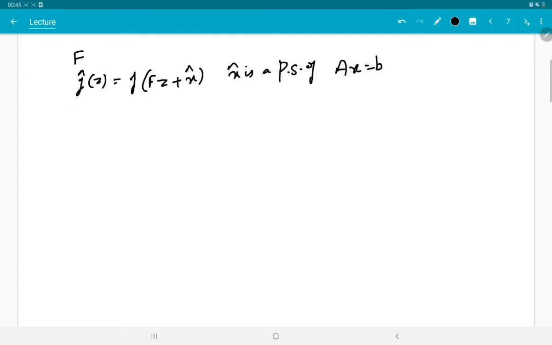So now the unconstrained problem is to minimize f hat of z, which is equal to f of (Fz plus x hat), and no other constraints.